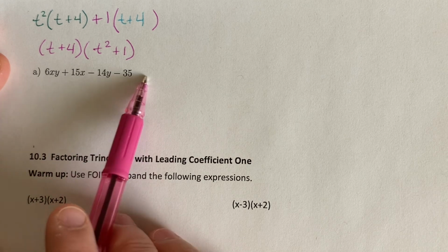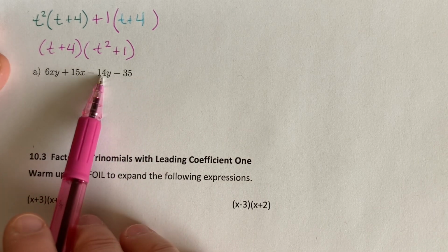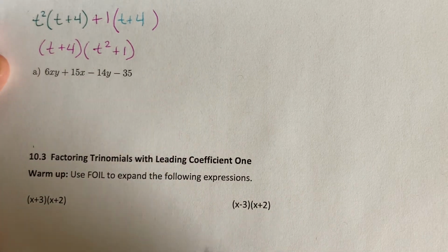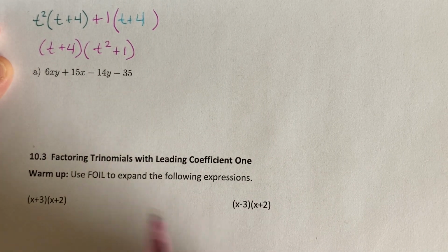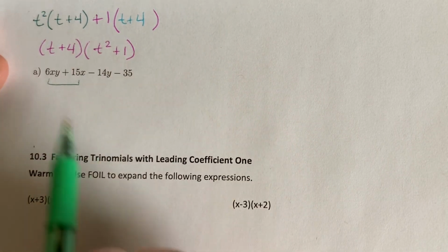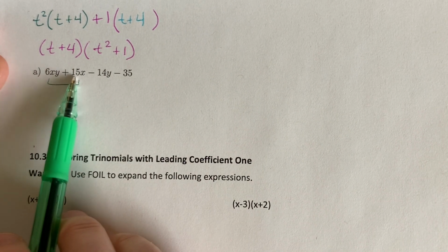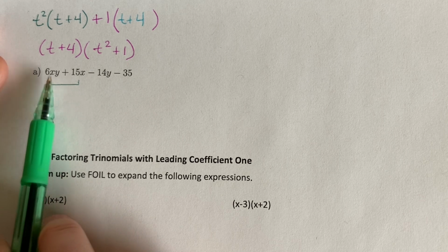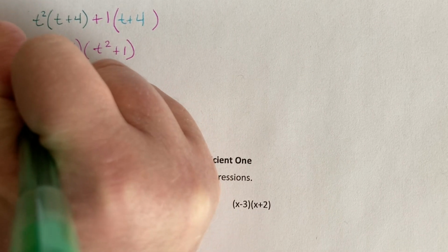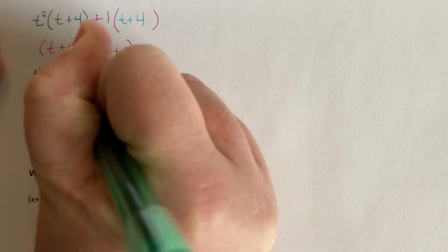All right, last one of these factoring by grouping problems. First, there's some commonality, but 14 isn't divisible by 5, and some have x's, some have y's. There's no overall GCF, so we need to do just a 2 by 2 GCF. 6xy and 15x both have x's, and 6 and 15 are both divisible by 3. So the GCF is 3 times x.